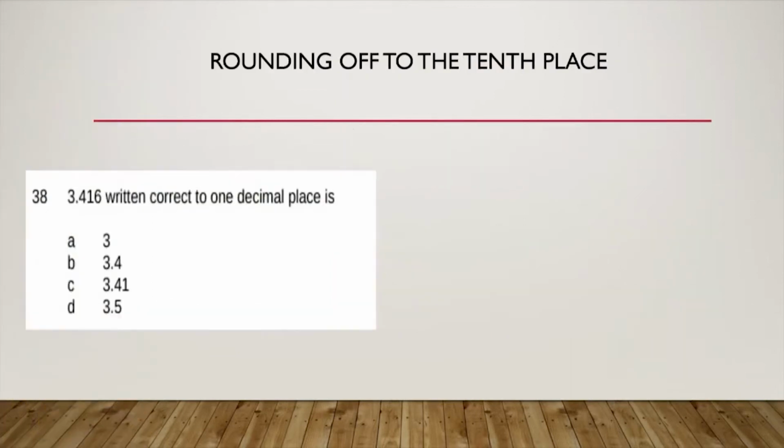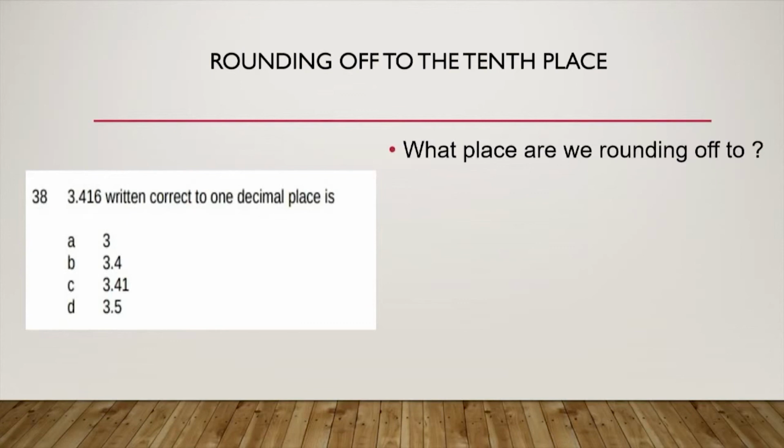Awesome. Another question. 3 and 416 thousandths written to 1 DP, or 1 decimal place, is, and by now you should be hearing me running through your head over and over: identify the place that you're rounding off to, and the digit in that place.